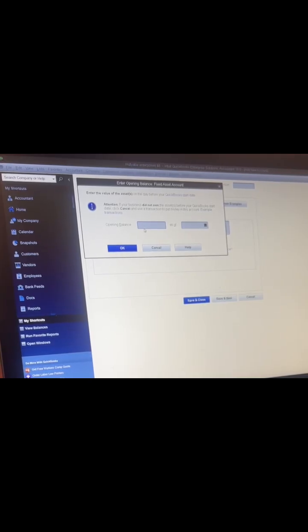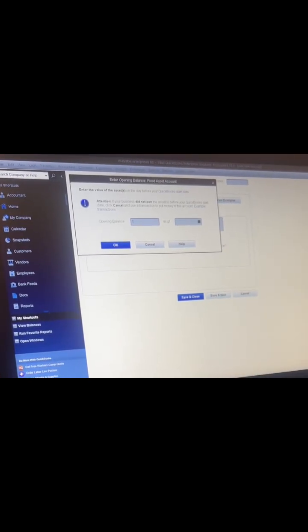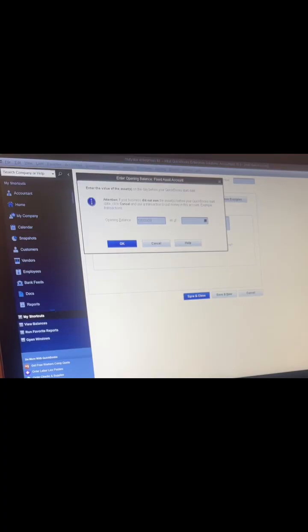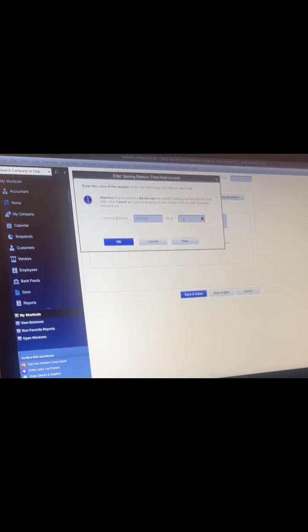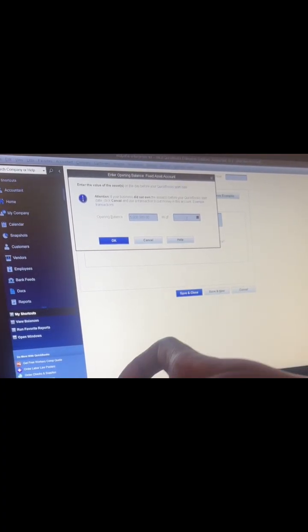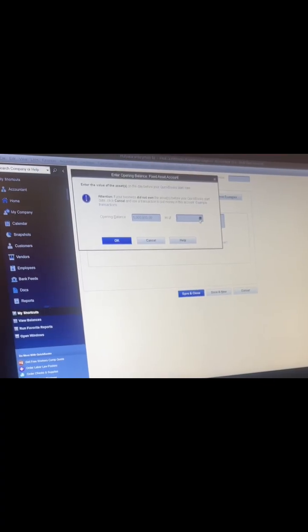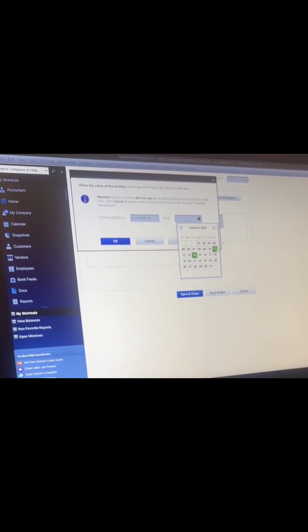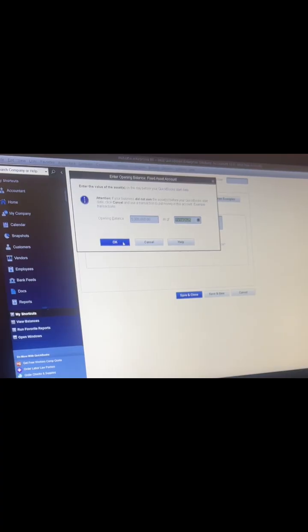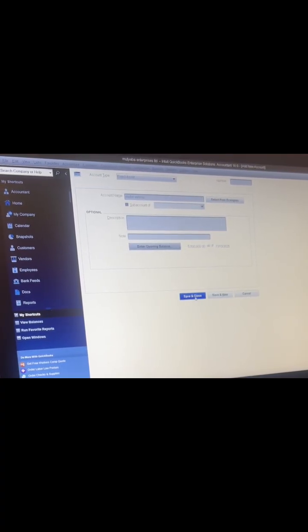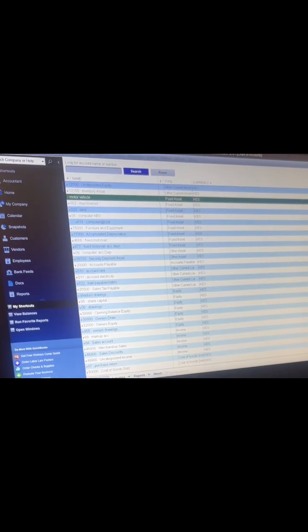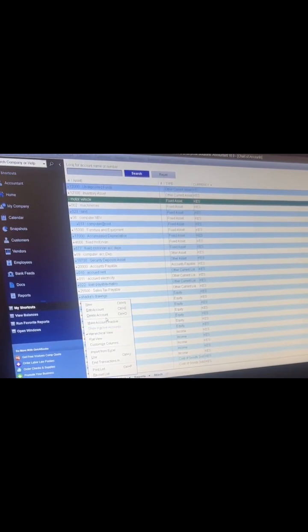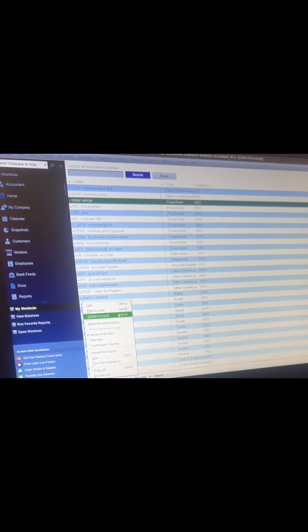Let's assume the cost is 5M as of 11 October. Save and close. Let's go back and create another account called accumulated depreciation motor vehicle.